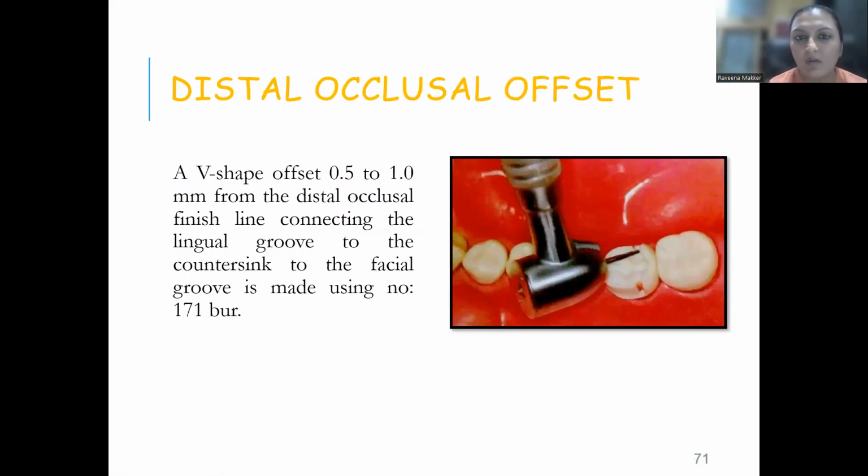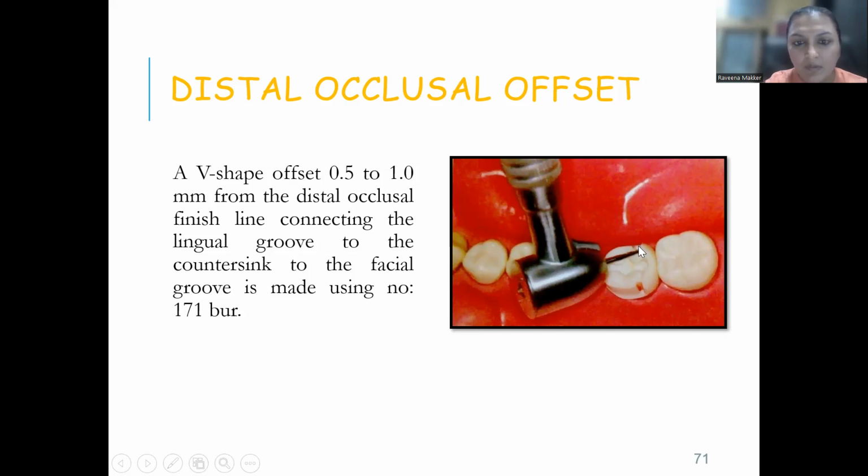Now the distal occlusal offset: a V-shaped offset 0.5 to 1 millimeter from the distal occlusal finish line, connecting the lingual groove to the countersink to the facial groove, is made using number 171 burr. There's a V-shaped offset which is formed. This is the distal occlusal finish line.